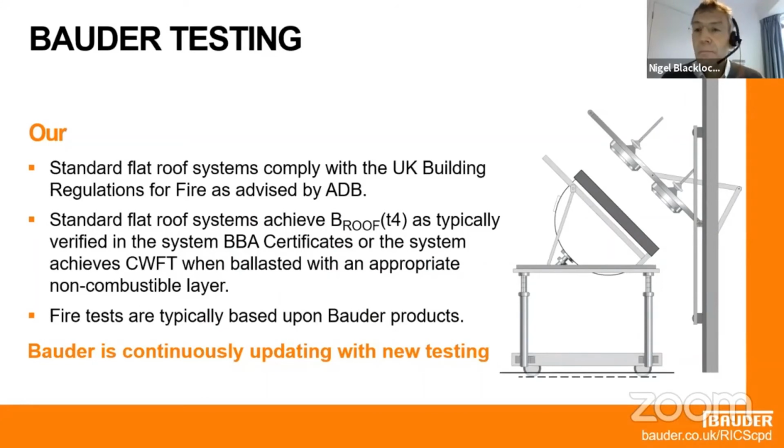And so there is often quite a long waiting list, so it's not always easy to get a fire test done very quickly and easily. As manufacturers, we all have been working on improving our width and breadth of fire testing. As I've said, we would be typically looking to achieve B-Roof T4 as a pass result. And in the areas where it is deemed classification without further testing, it's not typical that we would test that.